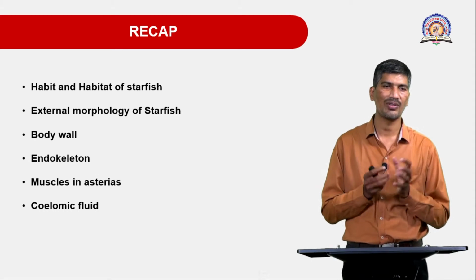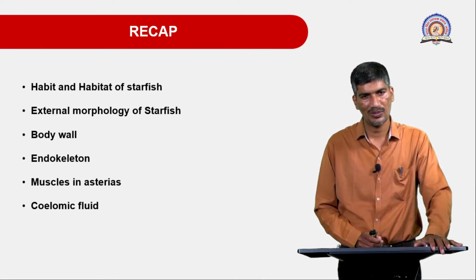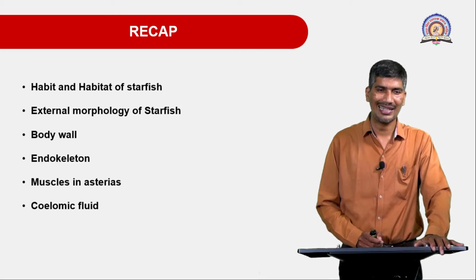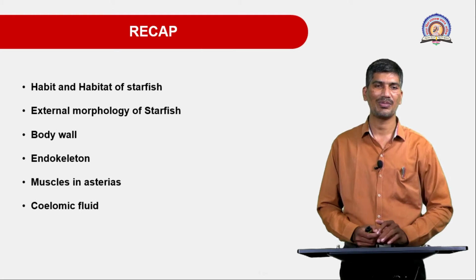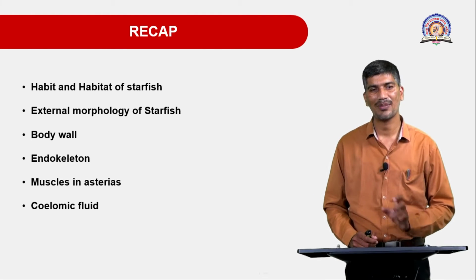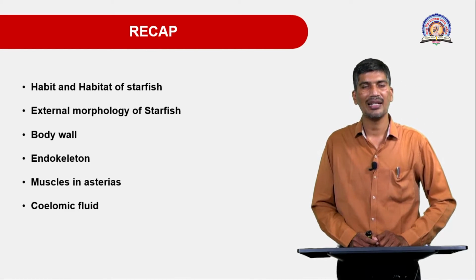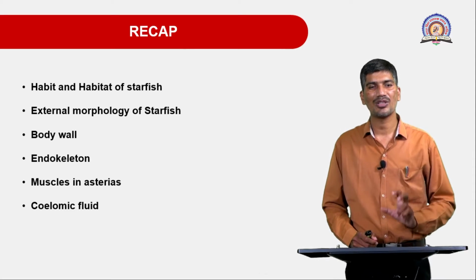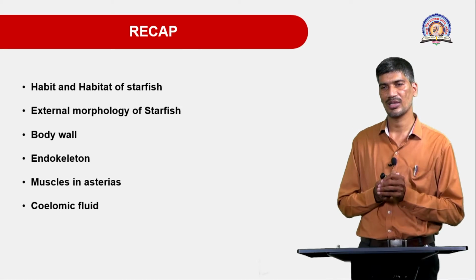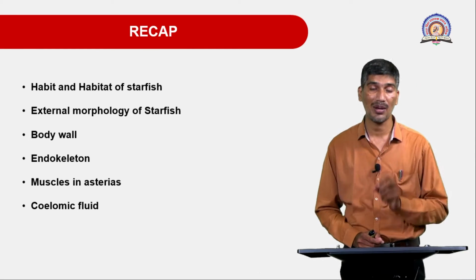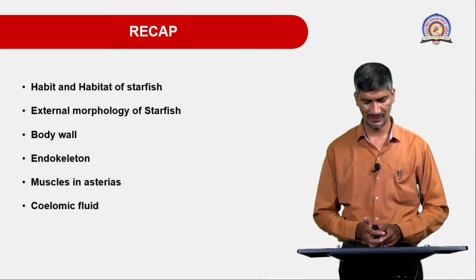We also discussed the body wall of starfish, the skeletal system, and the five different types of muscles. The body also contains some fluid, commonly called coelomic fluid, and we discussed its chemical components and its importance in the previous lecture.